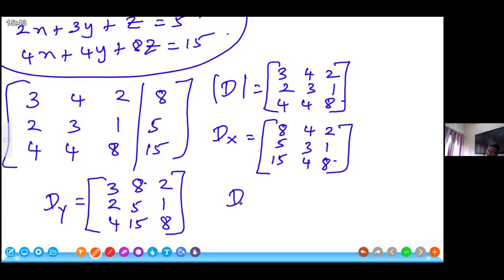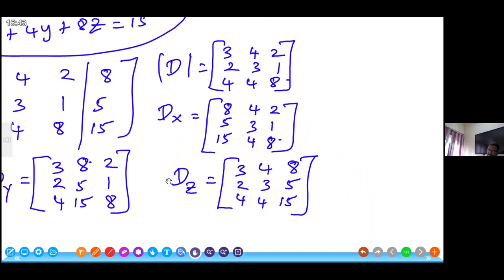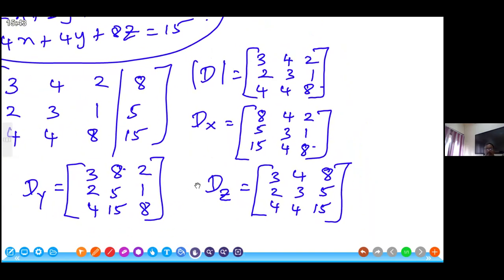Similarly, dz is equal 3, 2, 4, 4, 3, 4, and 8, 5, 15. Can you find out the determinant of all these four matrices?